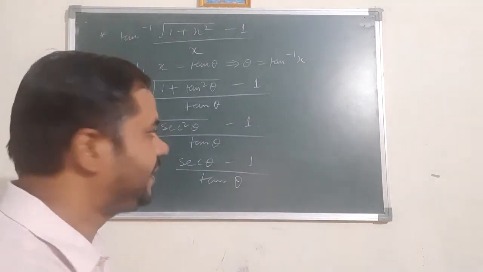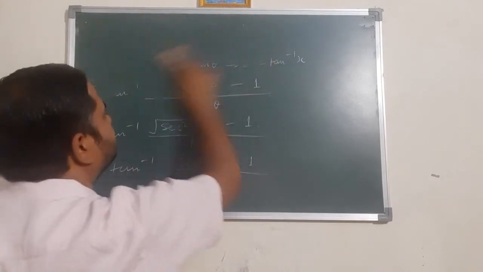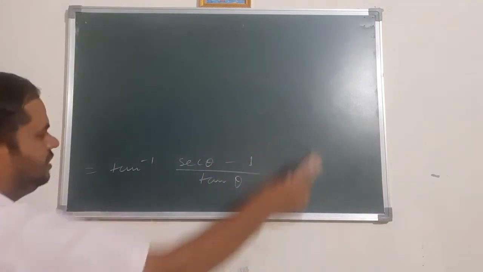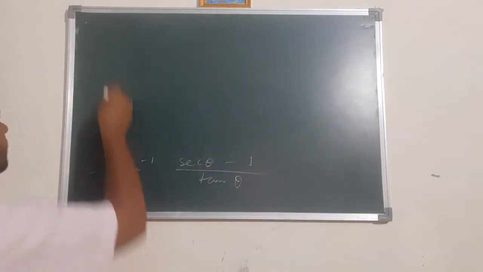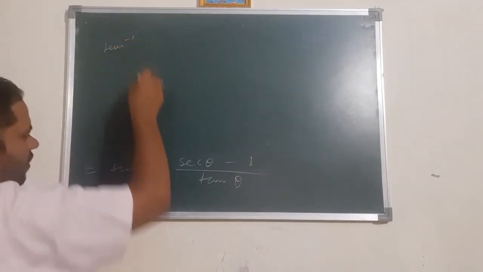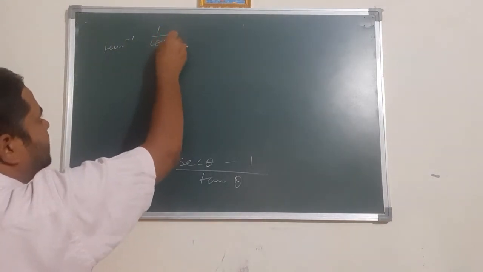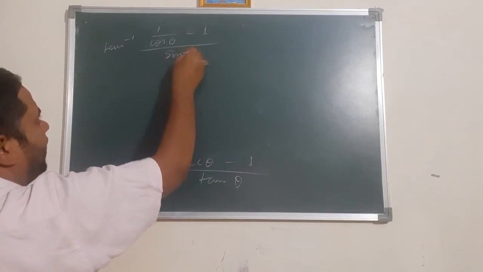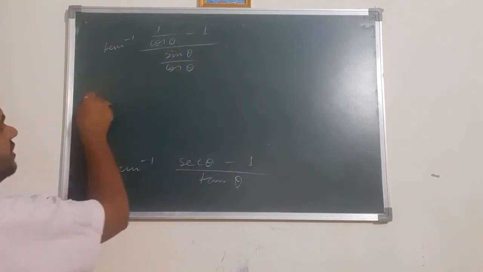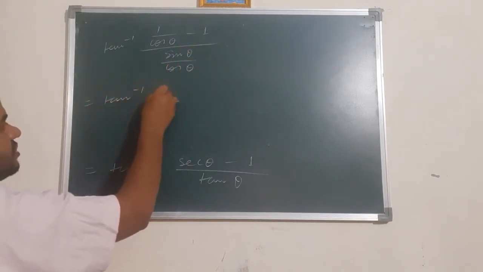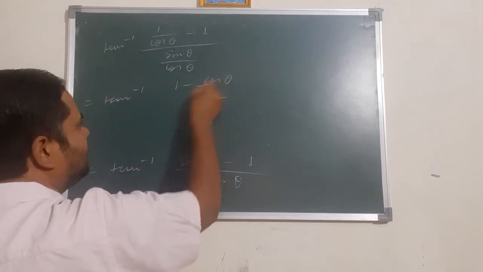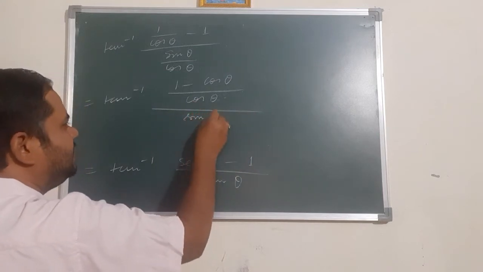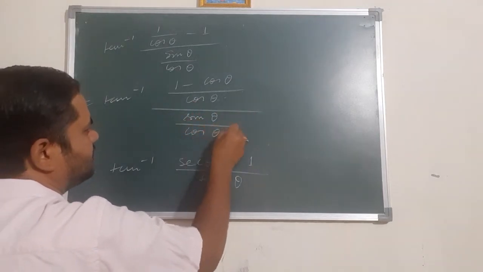Okay, I hope you completed this one. Now, this can be written as tan inverse of (1 upon cos theta minus 1) divided by (sin theta by cos theta). And this is nothing but tan inverse of (1 minus cos theta) divided by cos theta, and divided by sin theta upon cos theta.